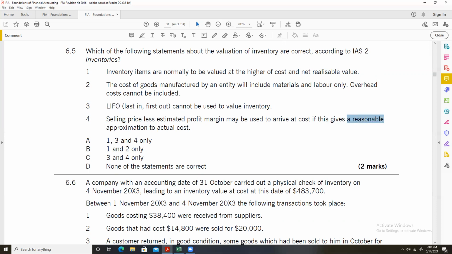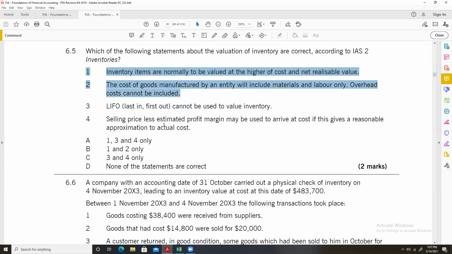So normally we value inventories at cost, and if selling price less estimated profit margin gives a reasonable approximation to actual cost, then it can be used. That's why this statement is correct, like statement number 3. So now we have our answer. Statements 3 and 4 are correct, but statements 1 and 2 are incorrect.